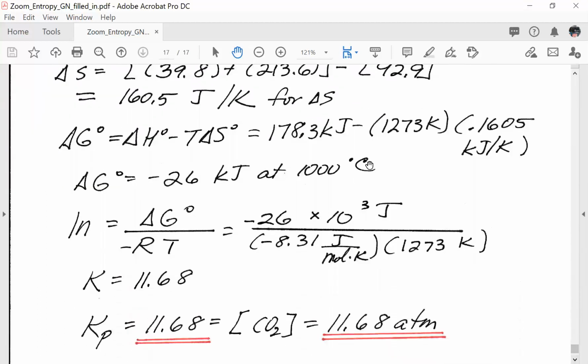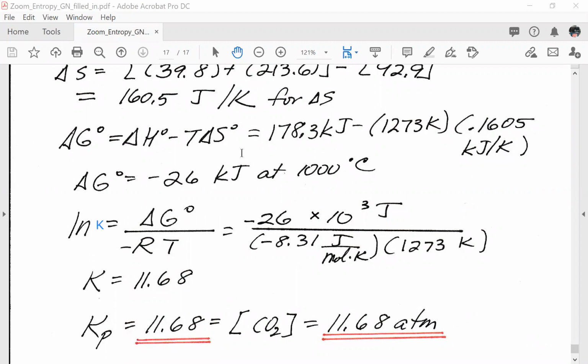So then we plug this into our expression of natural log K. Looks like I forgot to do the K there. Let's fix that. So natural log of K equals our delta G over minus RT.